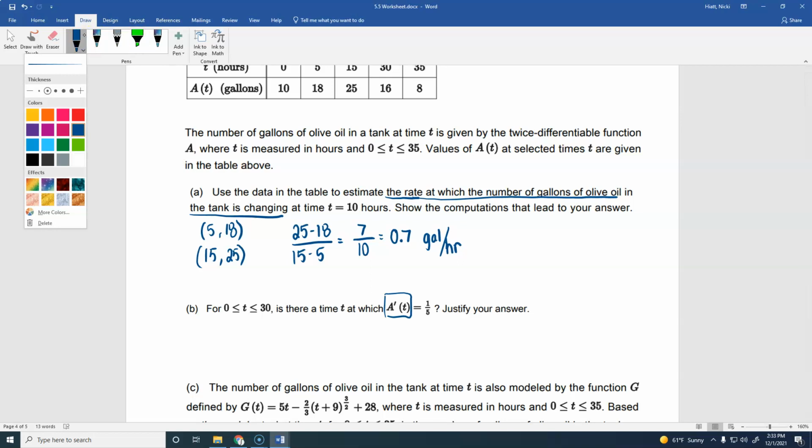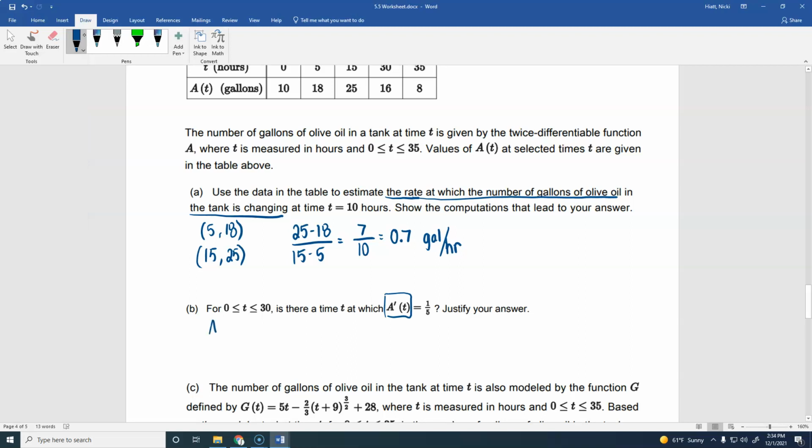Alright, so mean value theorem tells us the slope between the endpoints has to equal the derivative. What has to be true for us to use mean value theorem first? Continuous and differentiable. So, A of t is continuous and differentiable.